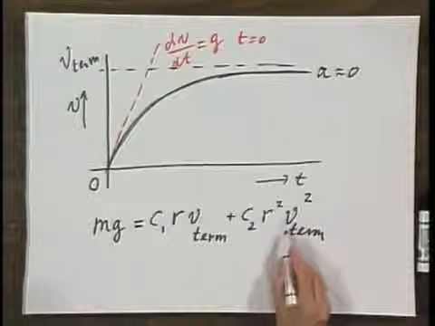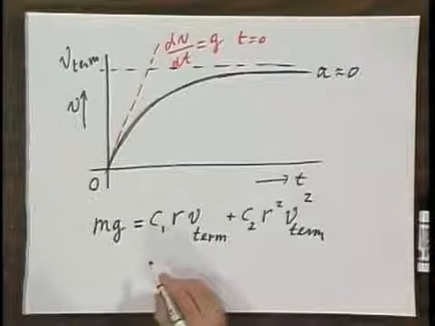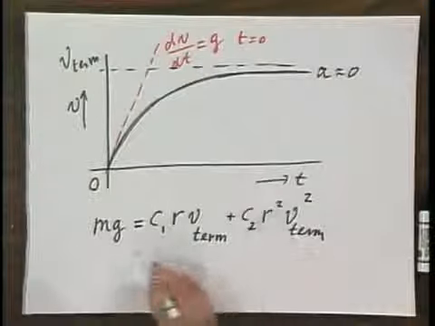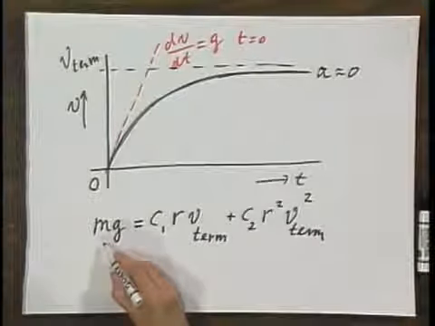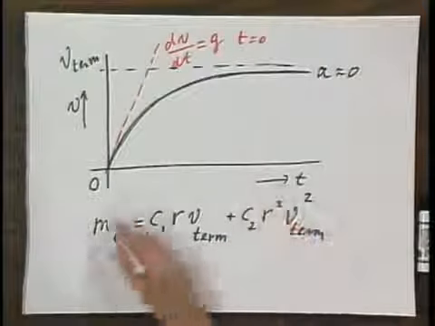If you have two spheres with exactly the same radius, but they have different masses, then the one with the largest mass will have the highest terminal velocity. You can see that immediately from this equation.